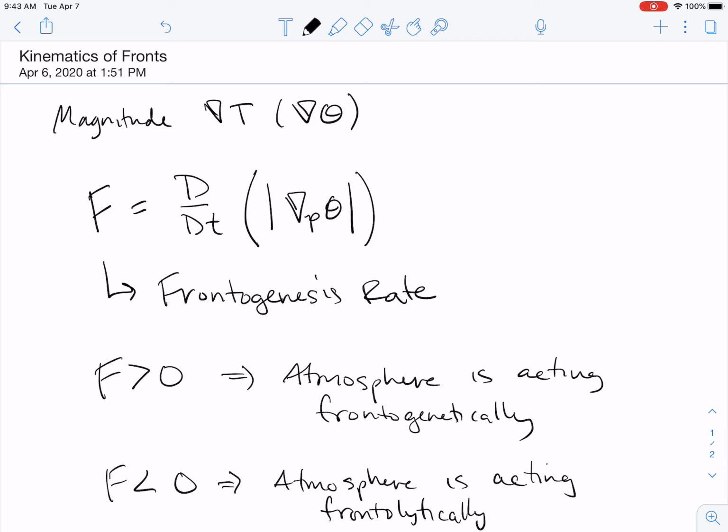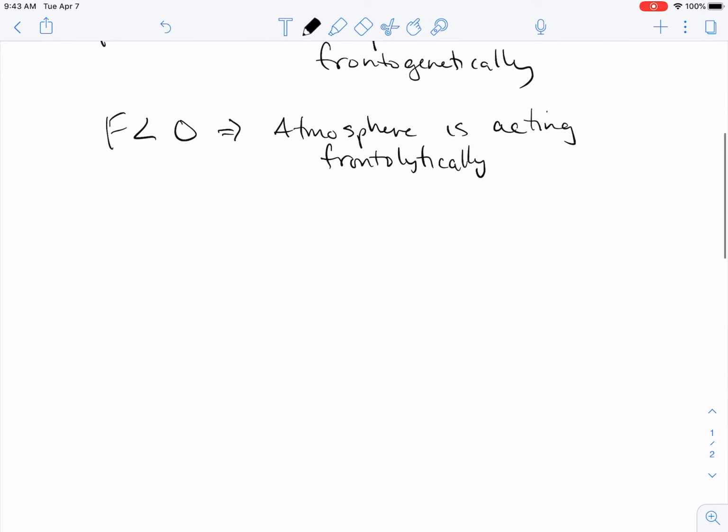All right, so let's go ahead and first unpack this equation here that we have of F equals the total time rate of change of the magnitude of our temperature gradient. And we can do this in a more complete horizontal version here. And that's where we're going to begin.